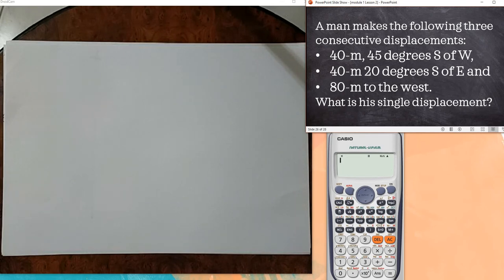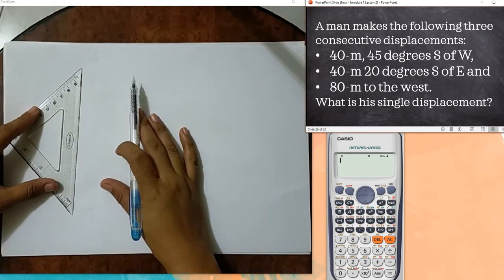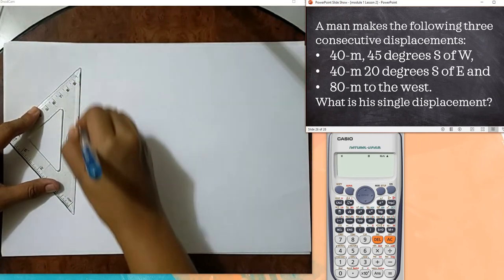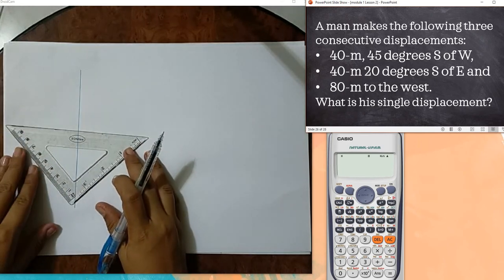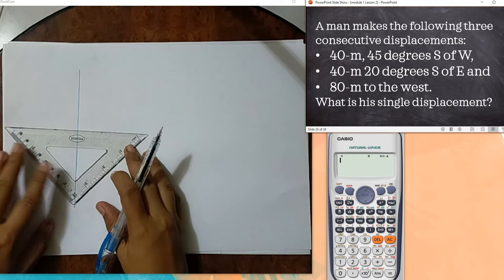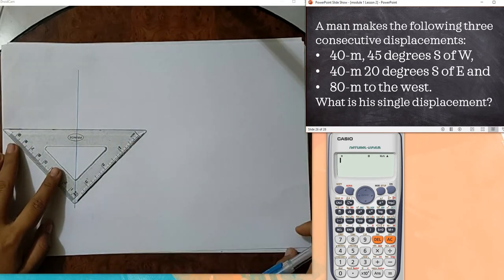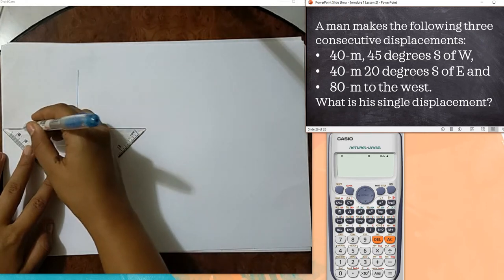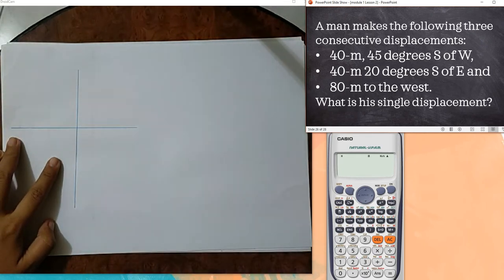Let me plot first the three vectors in our Cartesian plane. So this is for our y component, and this is for the x component. Okay.